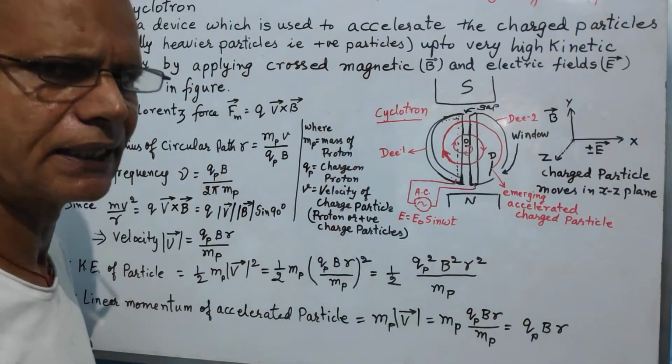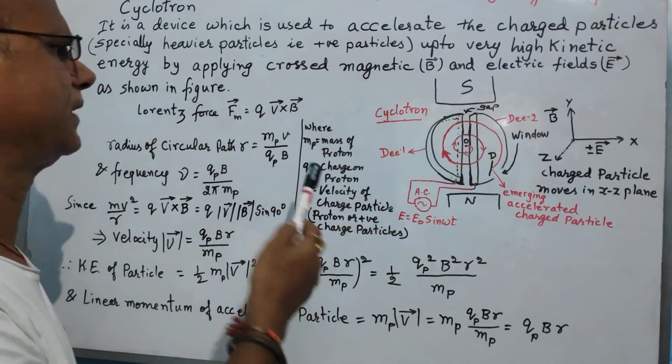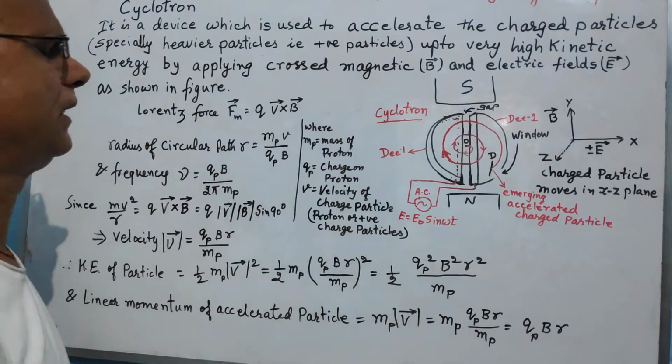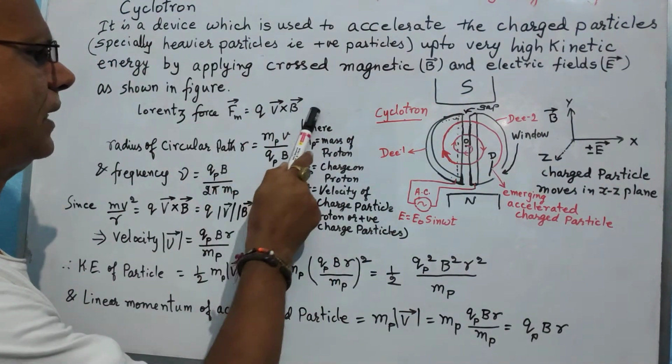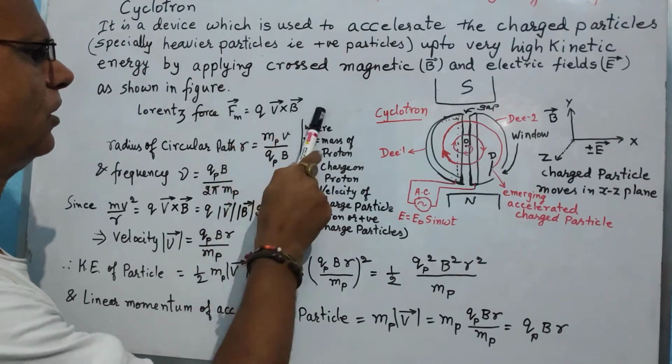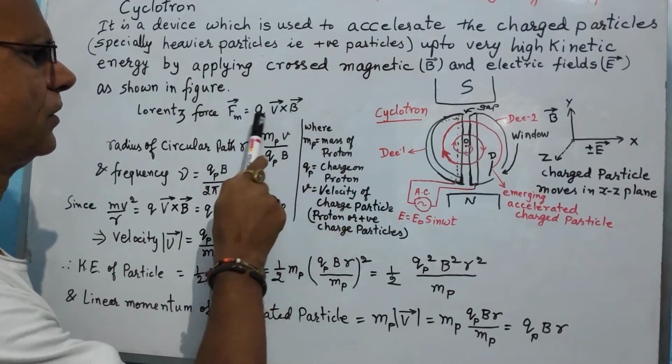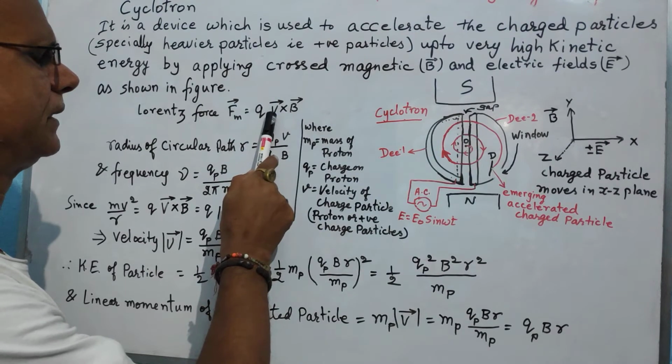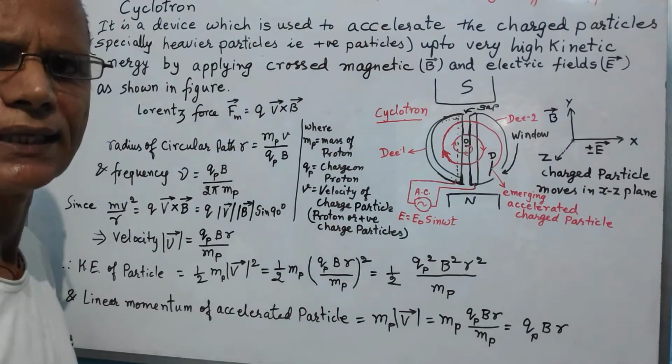the gap the second time increases, and once the velocity increases, you can very well understand the magnetic Lorentz force qvB, here v is increasing, will also increase.